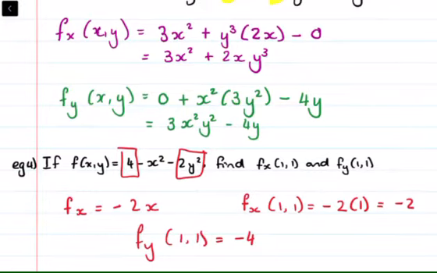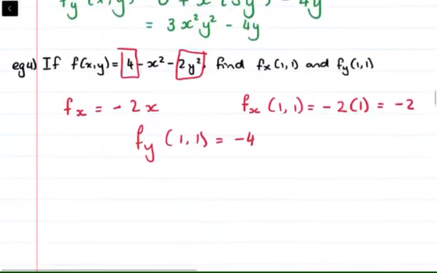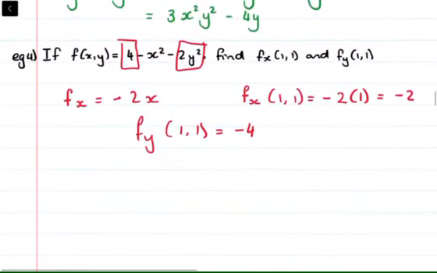So let us continue finding another one. Recall chain rule. What did we do in chain rule?